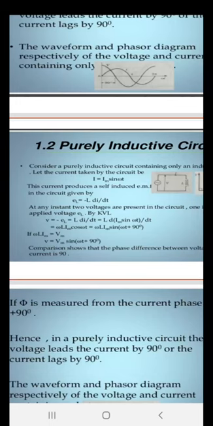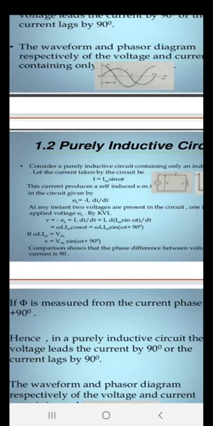Current i is equal to Im sin omega t. The current produces an induced EMF given by eL is equal to minus L di by dt. You take the derivative di by dt.